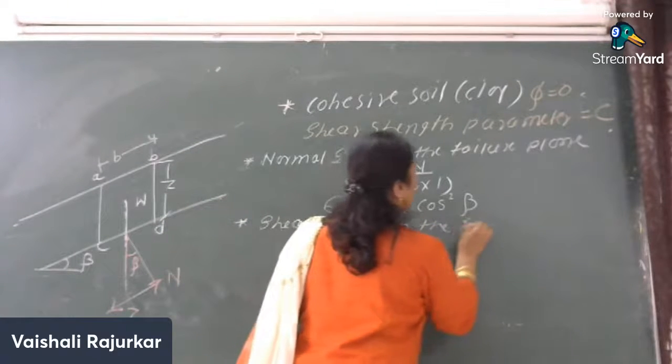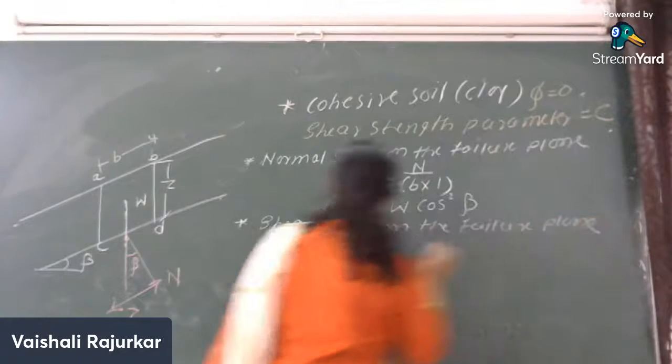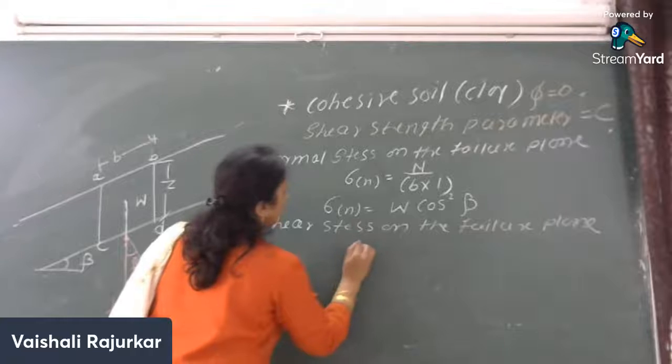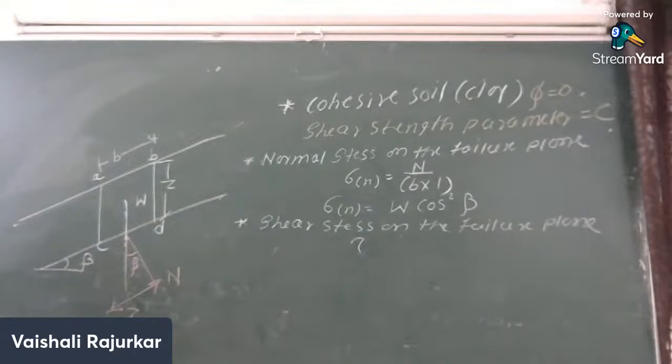On the failure plane, it's sigma also. Tau is tau n.